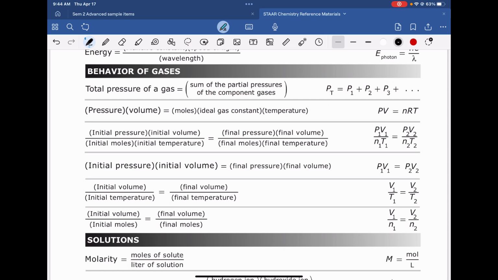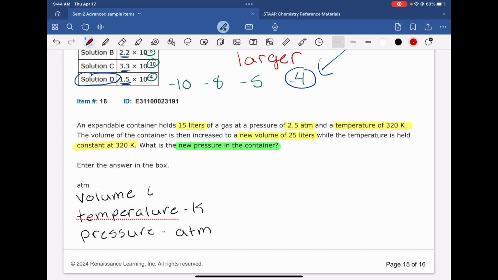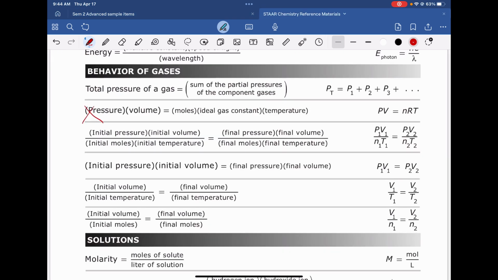This one has pressure and volume, temperature, but we do not have our ideal gas constant or our moles. This one has initial pressure, initial volume, final pressure, final volume, initial moles, initial temperature, final moles, and final temperature. We are close, but we don't have moles in this equation, so we're also going to cross this one out. This one has initial pressure, initial volume, final pressure, and final volume.